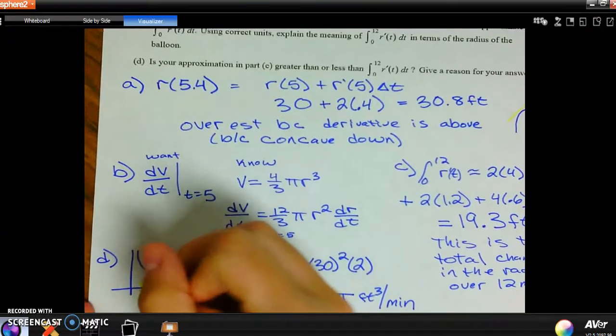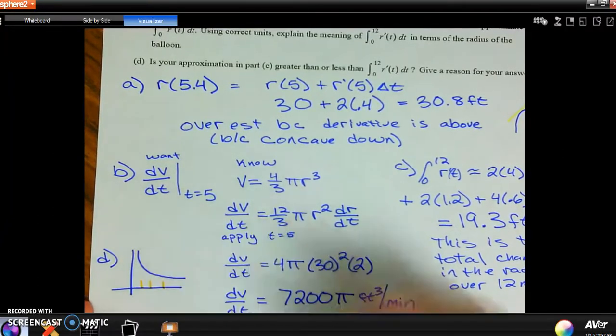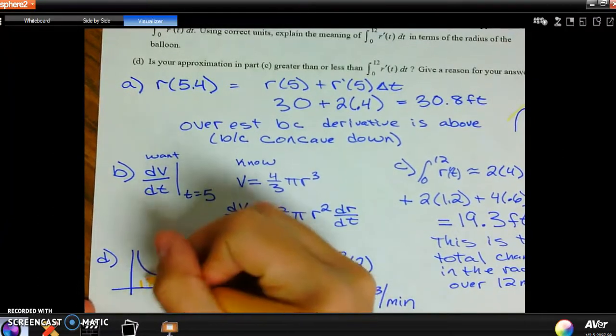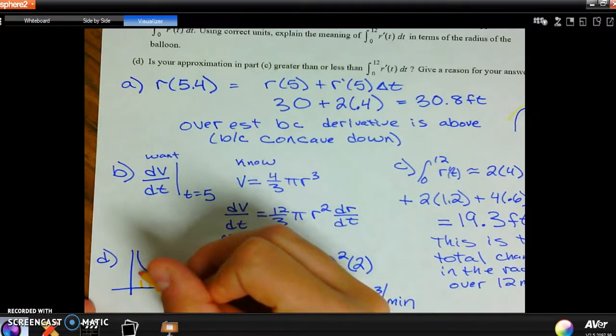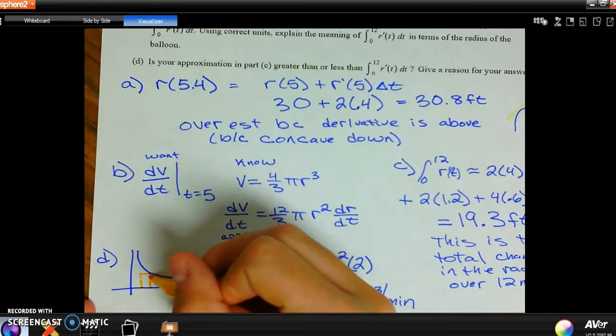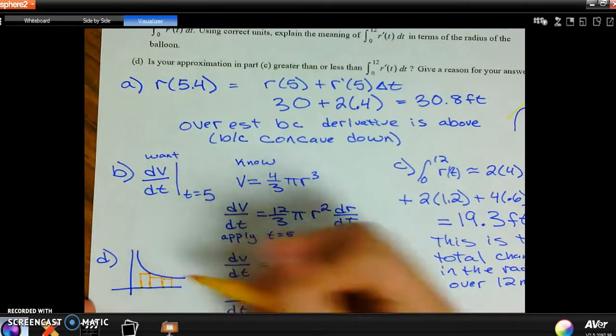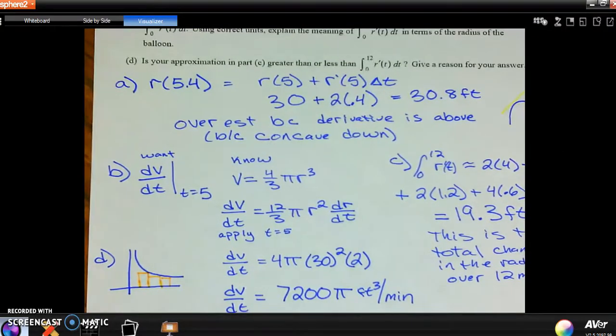Using a right Riemann sum means you hit it and then you go to the left. You hit it and then you go to the left. You hit it, you go to the left. You would see very clearly there that it was an underestimate. Don't be afraid to sketch these out. It's going to be very challenging to remember that a right-hand Riemann sum on a decreasing function yields an underestimate. Just sketch out a little picture, and that would help.